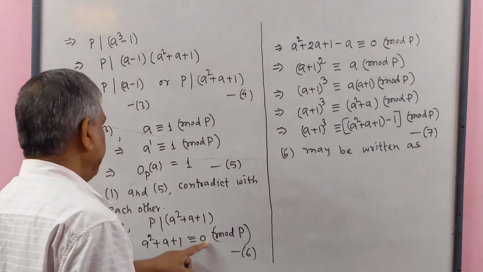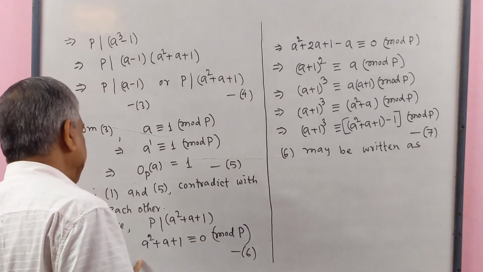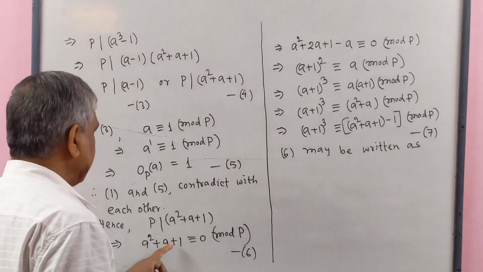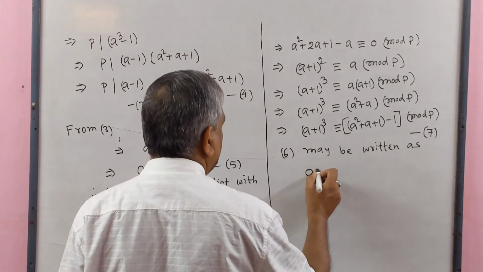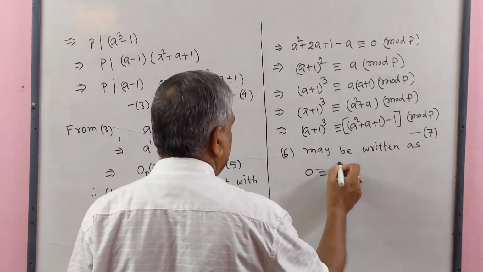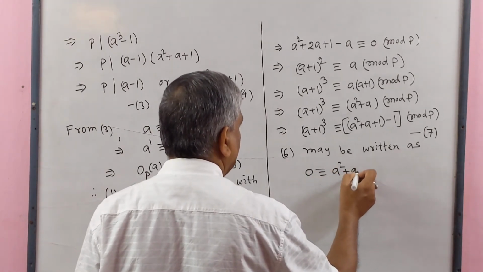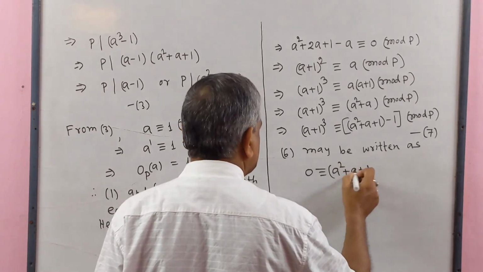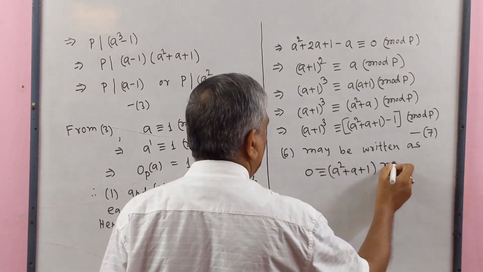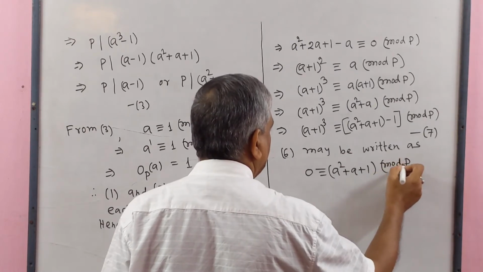6 may be written as, here we may write 0 on the left side and a square plus a plus 1 on the right side. 0 is congruent to a square plus a plus 1 modulo p.